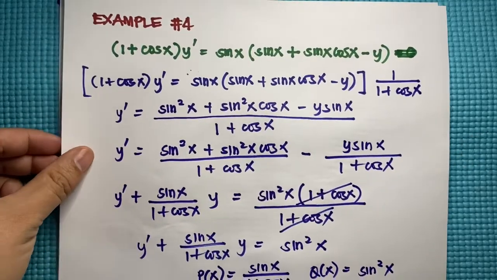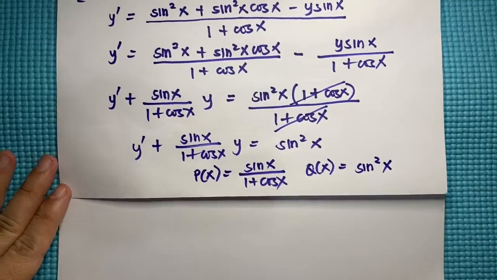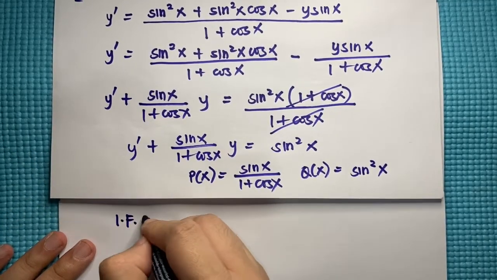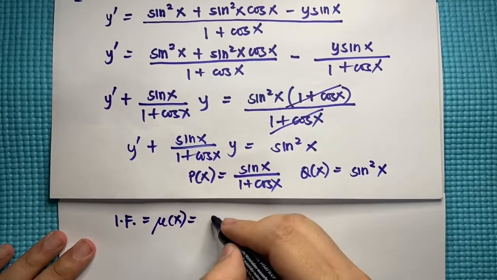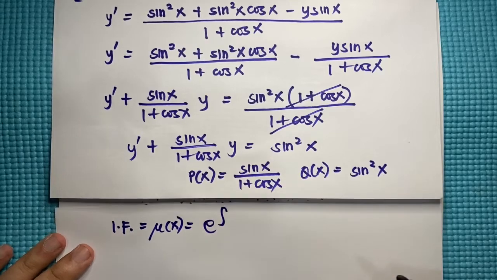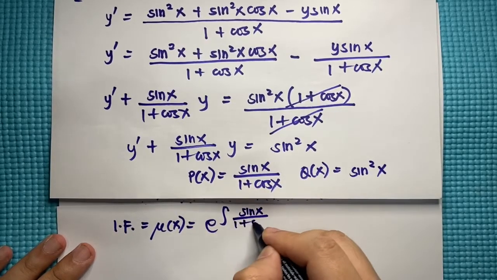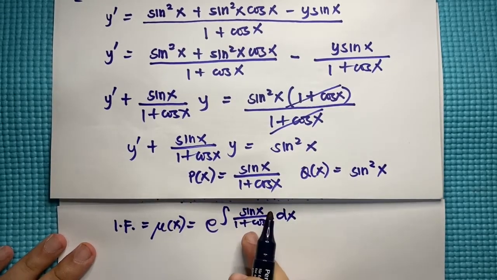So from here, we will be computing our integrating factor. Our integrating factor, which is mu of x, would be equal to e raised to the integral of sin x over 1 + cos x dx. And our denominator is 1 + cos x.